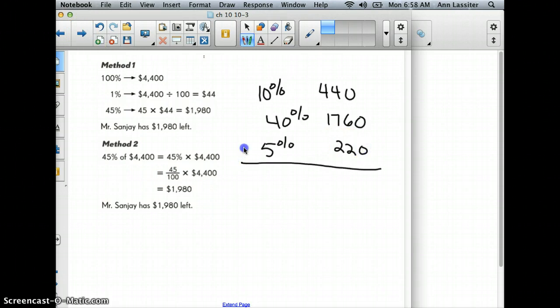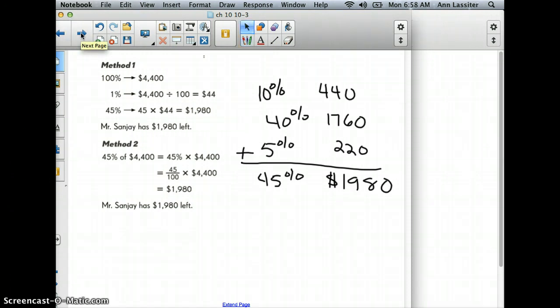So if I add those 2 together, I would get the 45%, and I still get the same answer of 1,980. I think that's a pretty cool way to look at it, and you can feel free to try those techniques or not, but you're always welcome to go down to the 1% and multiply up, or if you want to do it in bigger increments, that's fine too.